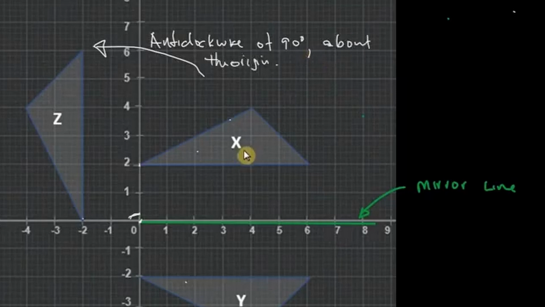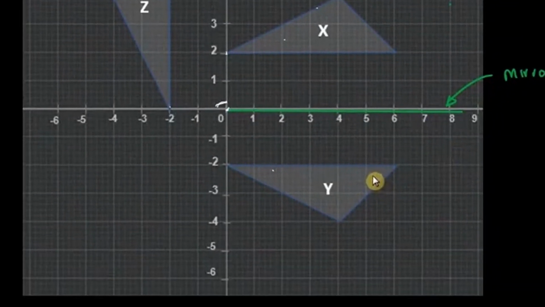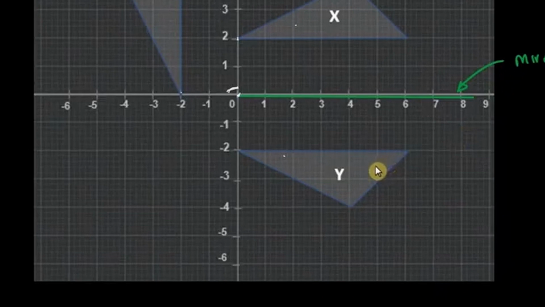So the full description of the transformation that maps x onto z is an anti-clockwise rotation of 90 degrees about the origin.